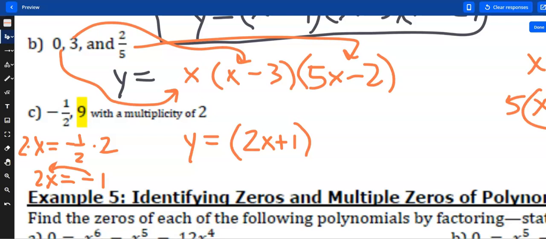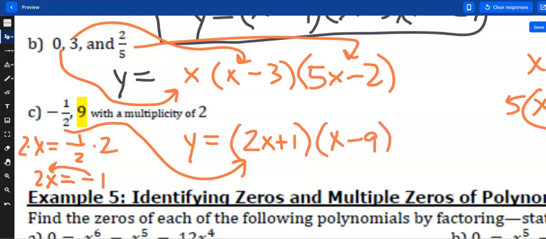That's where the negative 1/2 comes from. Now, the 9. You know that that's x minus 9, but then it says this with a multiplicity of 2. So they just told me to put a square on it. Okay? So that's how you handle A, B, and C.